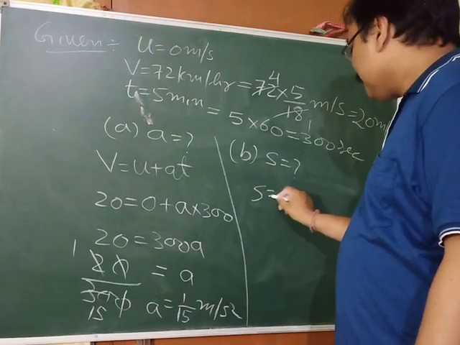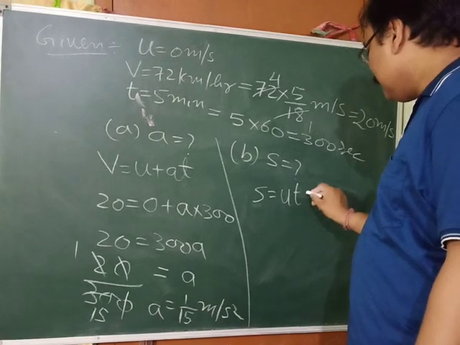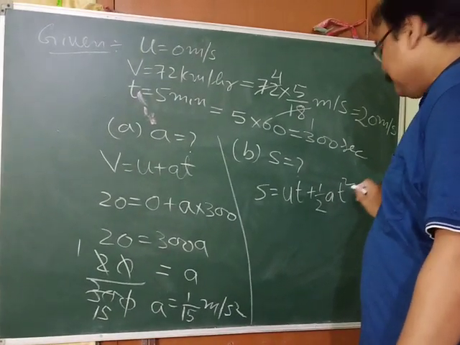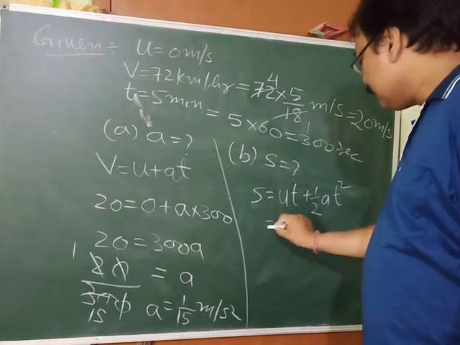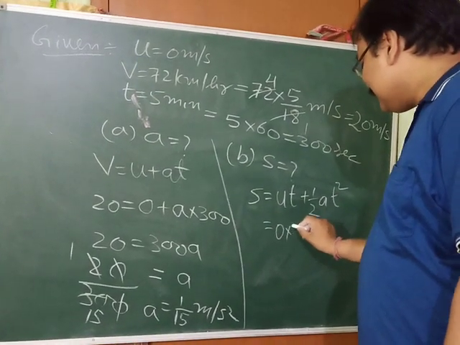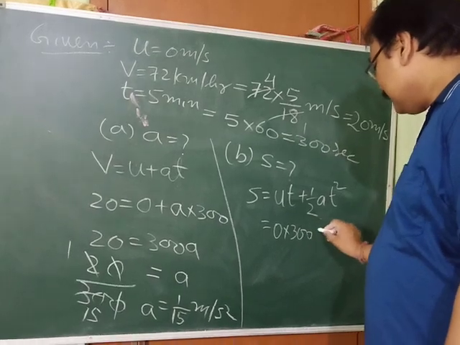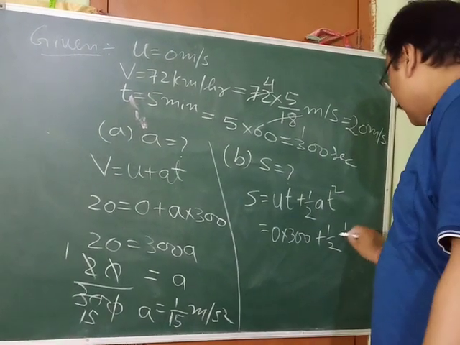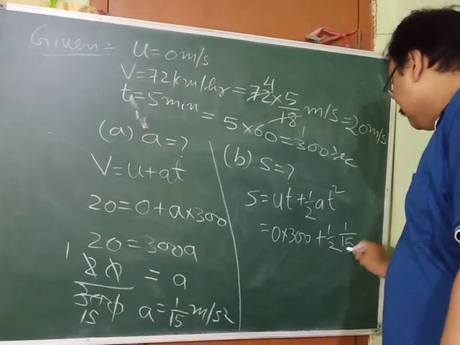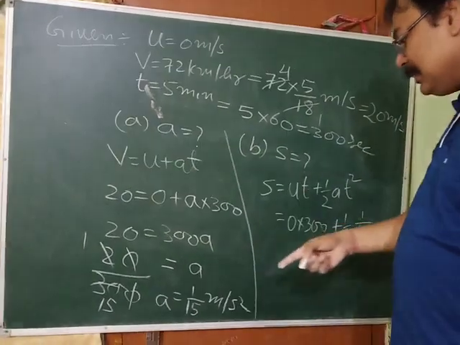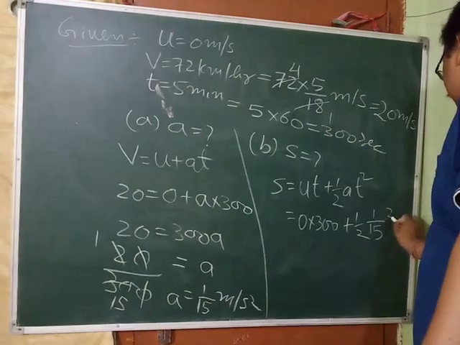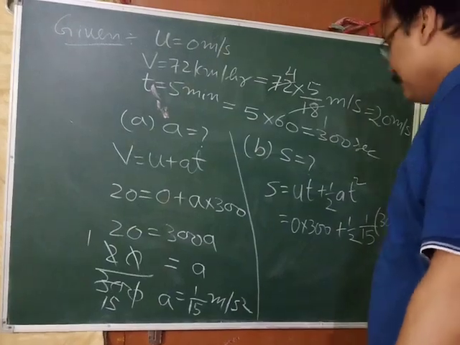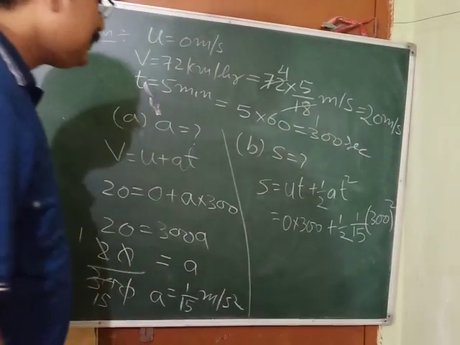Let us use this one, s equals ut plus half at square. So u is 0, time is 300, plus half, a is 1 by 15, time is 300 second square.